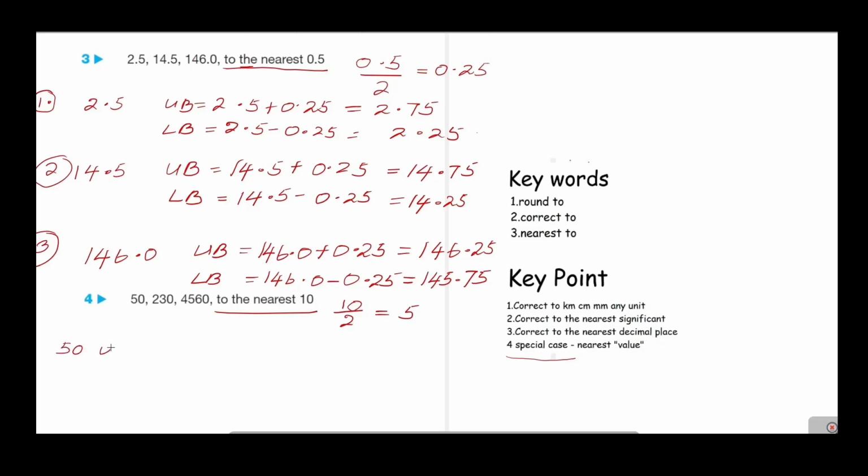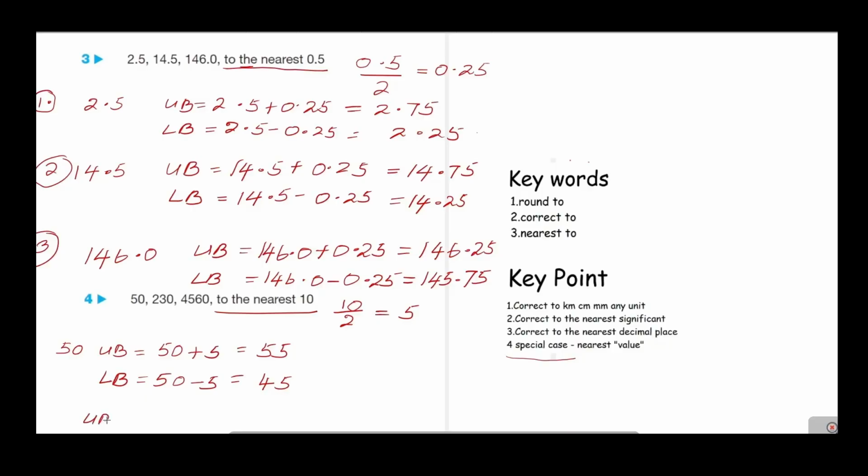If we want to get the upper bound, 50 plus 5, which becomes 55. If we want to get the lower bound, 50 minus 5, which is 45. Let's do one more question, which is 230.